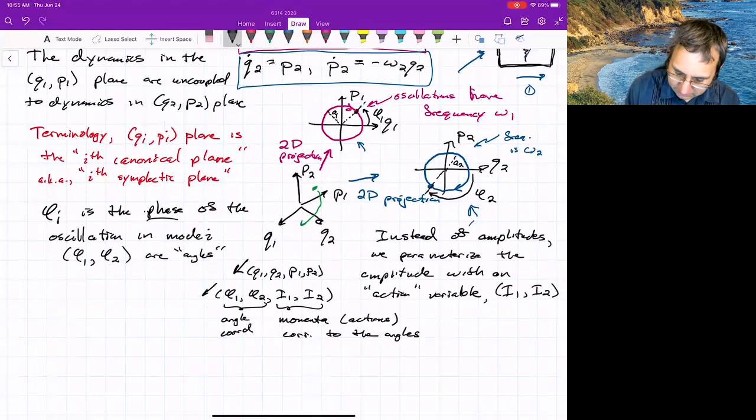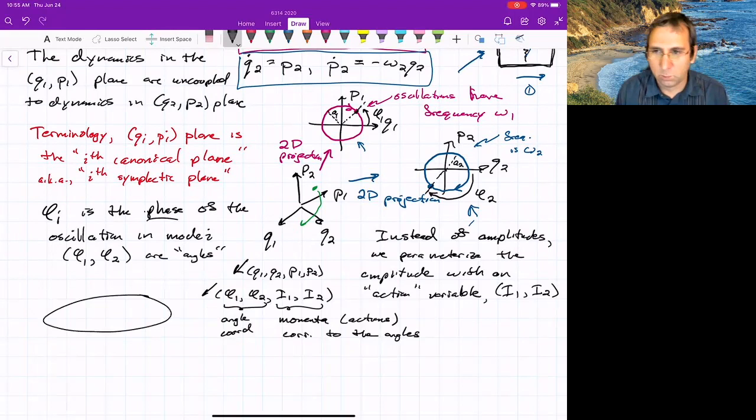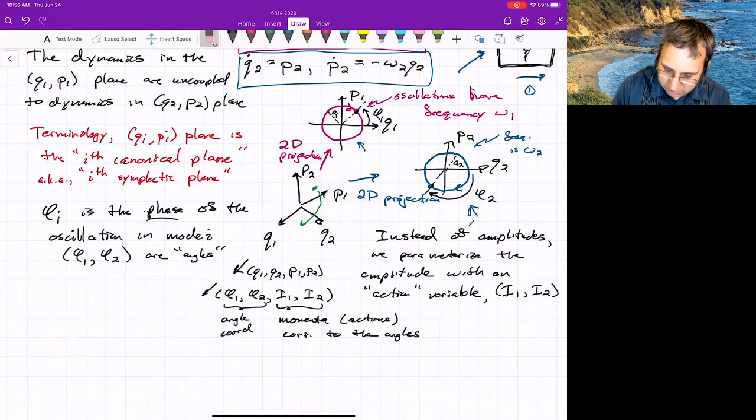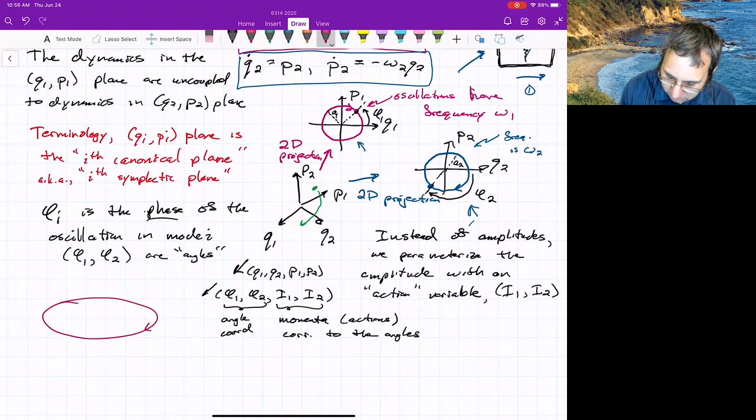And what we have is that we could think of angular variables. Maybe I'll use colors because colors are fun. Here's the phi1 angle, and then the other one, I think I used blue.